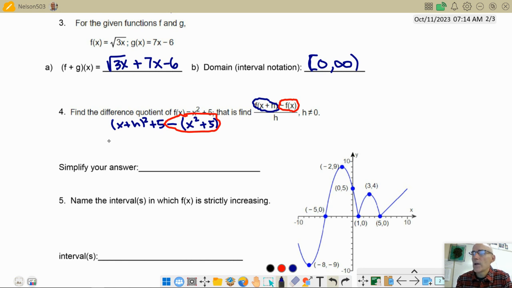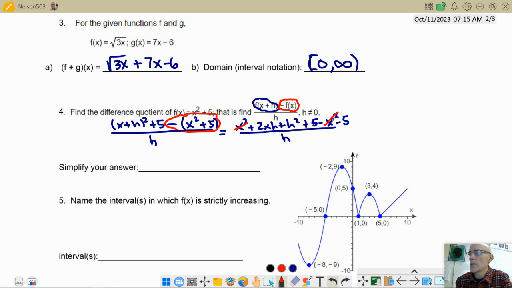And now I have that all over h, and we've got to do a whole bunch of simplifying, right? So I get x squared plus 2xh plus h squared, that's the first binomial squared, plus 5, then minus x squared minus 5. I just distribute the negative sign through. It's all over h. I said in class that every term that doesn't have an h in it is going to have a like term that will cancel out or go to 0.